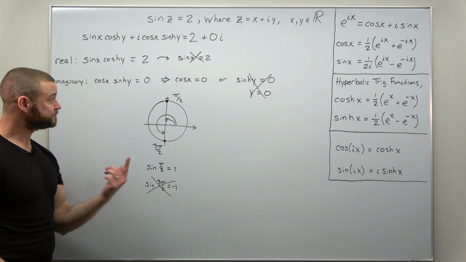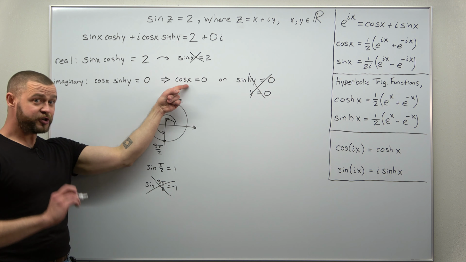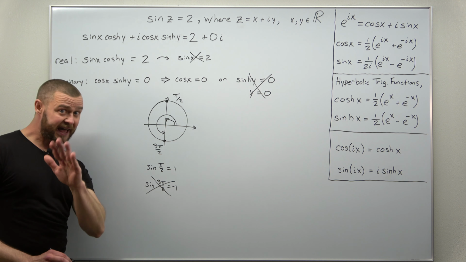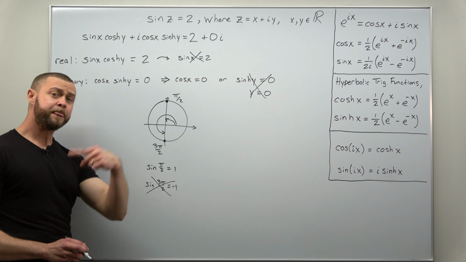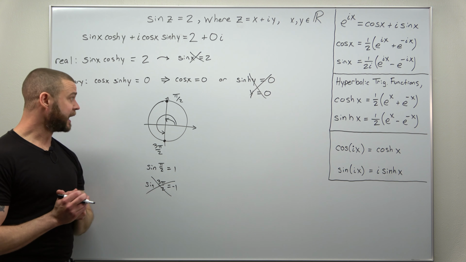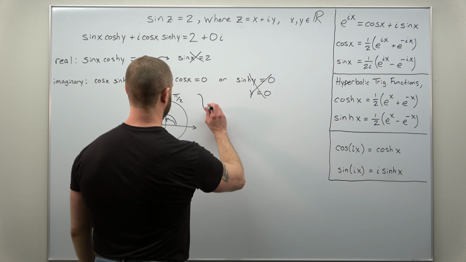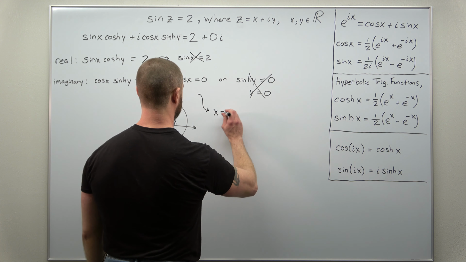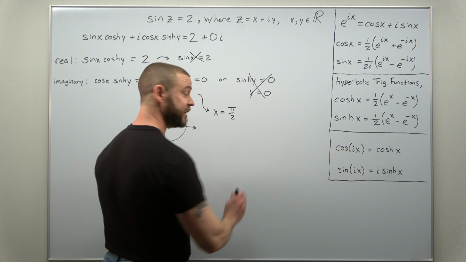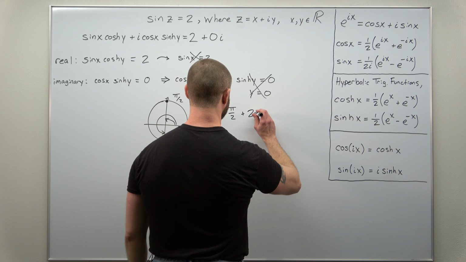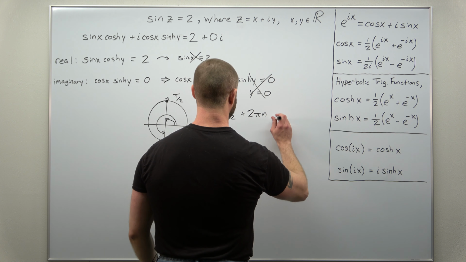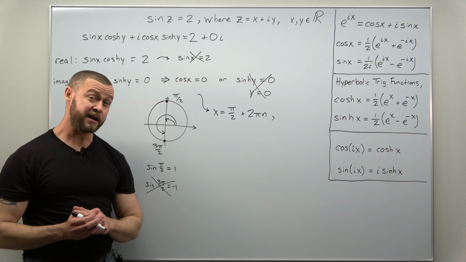What we get here as your solution for the angle, in this case x, is x equals pi over 2 plus a multiple of 2 pi. We'll write that as x equals pi over 2 plus 2 pi n, where n is an integer.